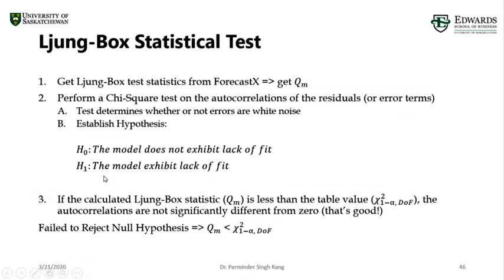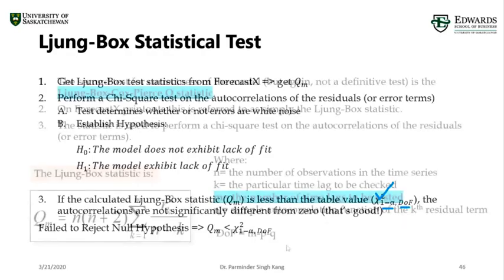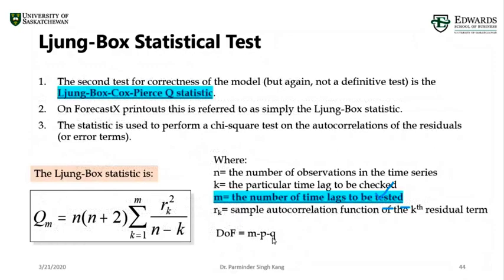Once you establish the hypothesis, we get the chi-square value from the chi-square distribution table. So how are we reading this? Here's the chi-square, and we're working with 1 minus alpha. If the confidence level is not given, it's going to be 0.05, and then degrees of freedom. The formula for degrees of freedom is m minus p minus q, right?